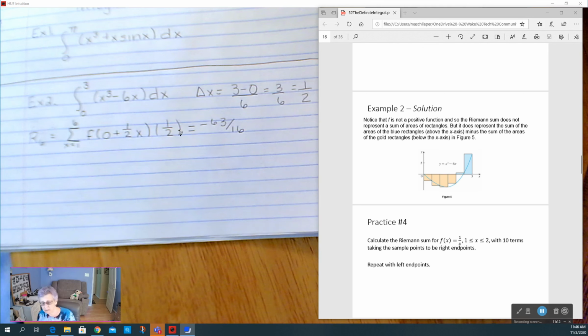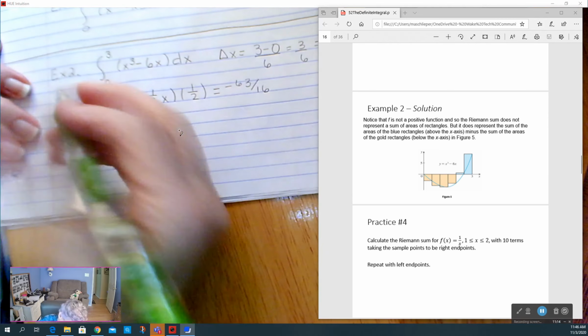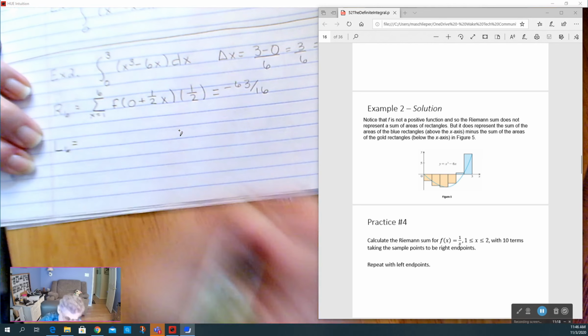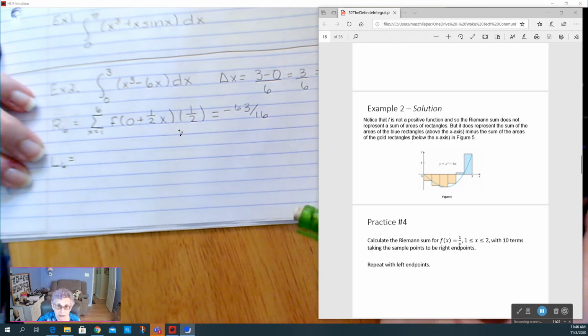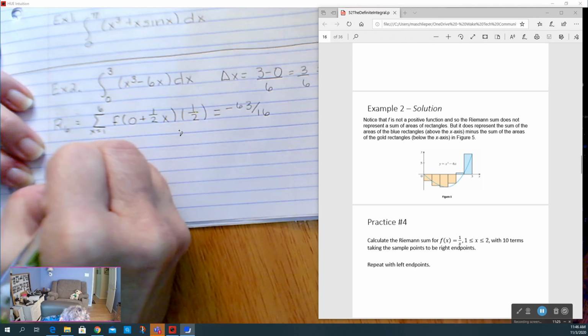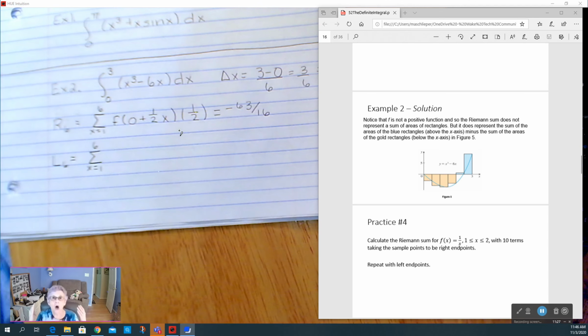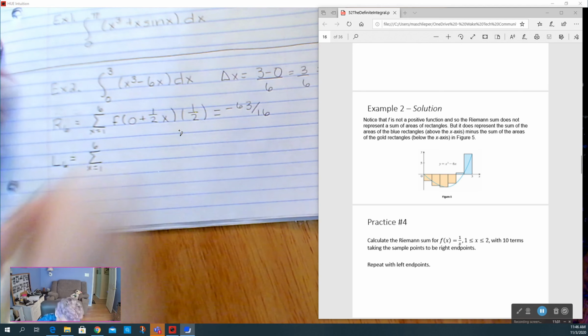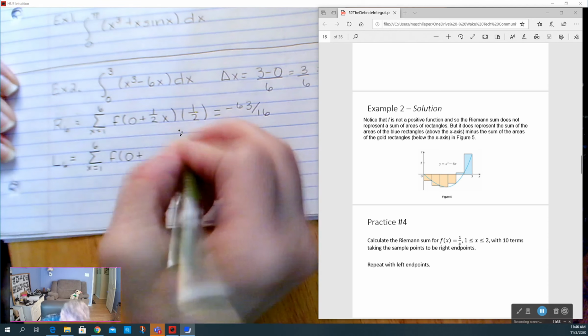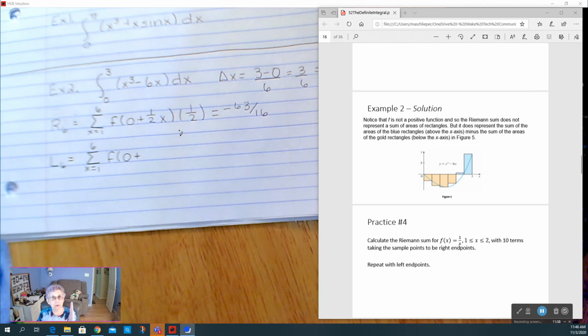Since I have it in my calculator already, I'm going to go ahead and write down my left endpoint estimate. x equals 1 to 6. Always x equals 1 to the number of rectangles. Now, left endpoint rectangles, our first endpoint should be a.